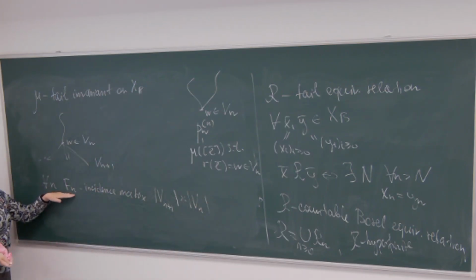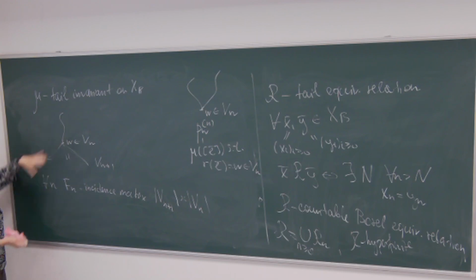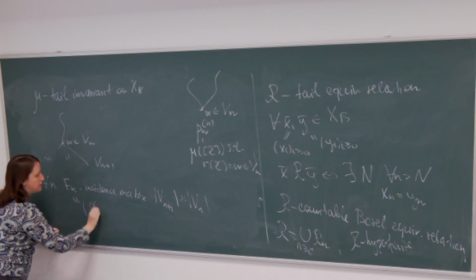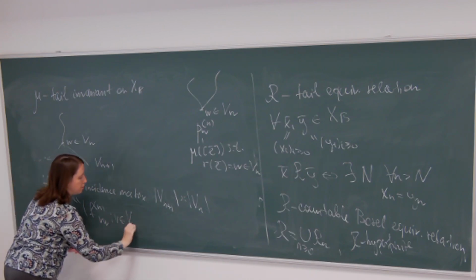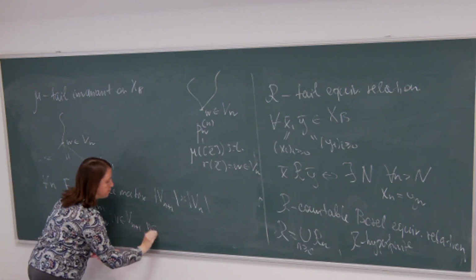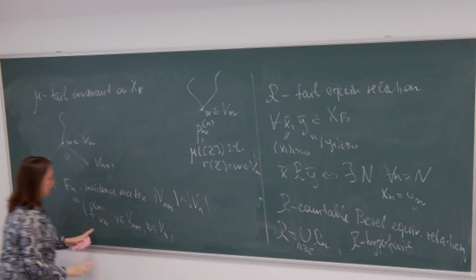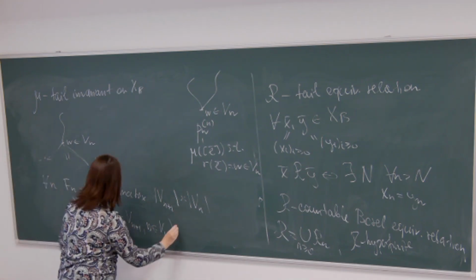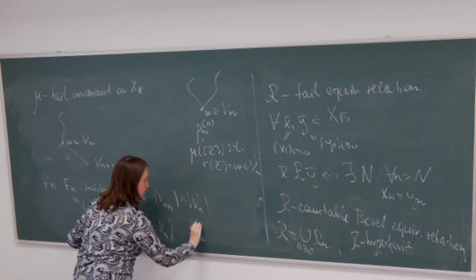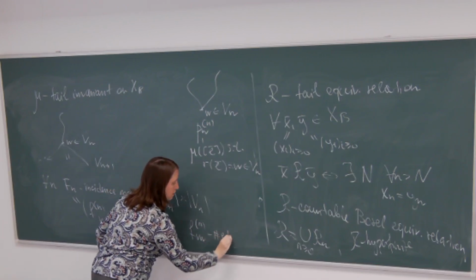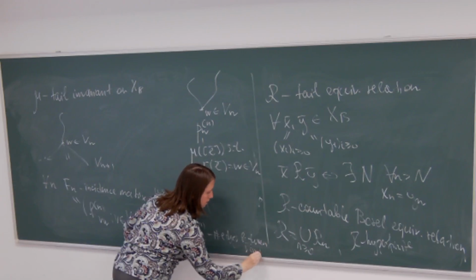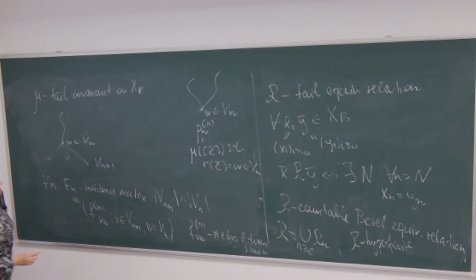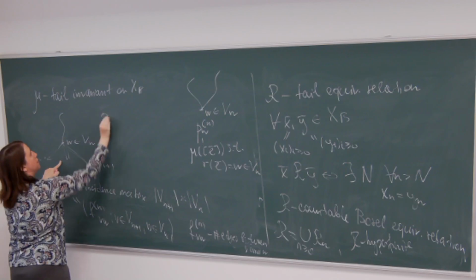This matrix tells us how many edges are drawn between pairs of vertices. So it consists of the elements f_{v,w}^n, where v belongs to V_{n+1} and w to V_n, and this is the number of edges between v and w. And then we can write the following.